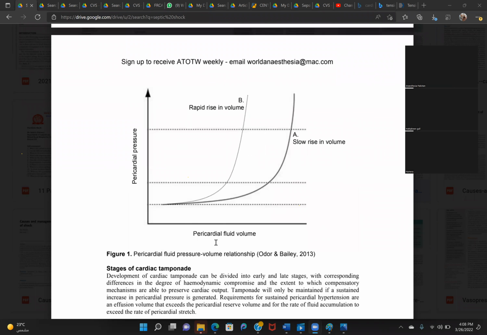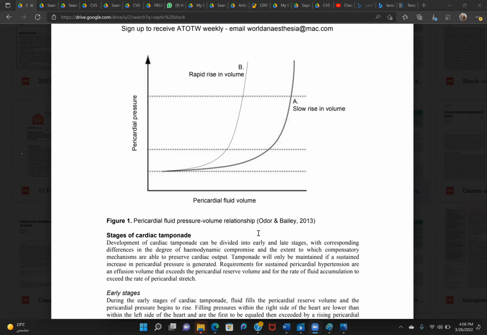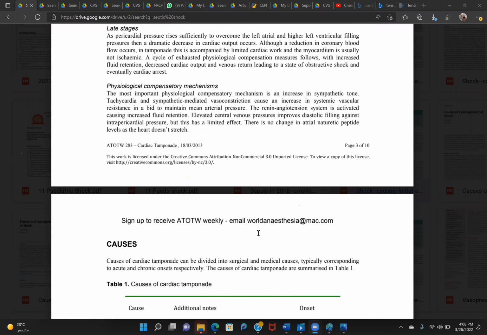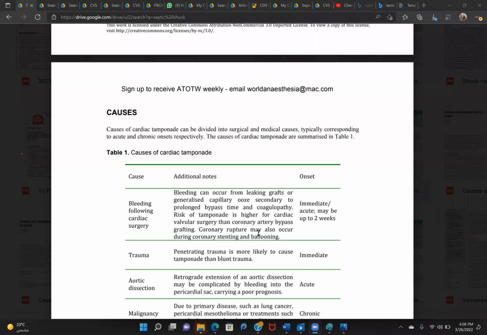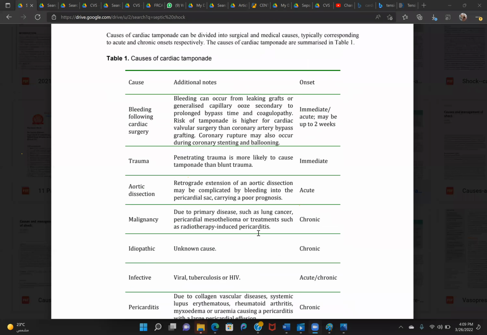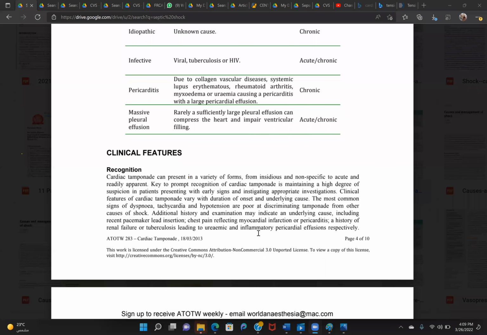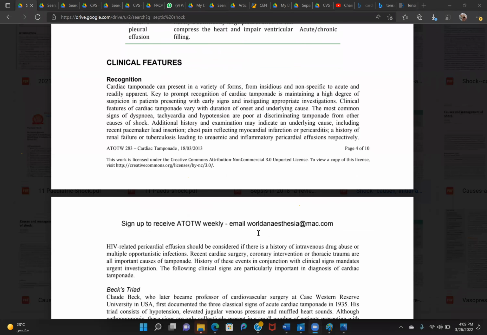Due to pericardial effusion there will be decreased contractility, so decreased cardiac output, leading to hypotension. There will be fluid around the heart, so heart sounds will be decreased, so we call them muffled heart sounds. And there will be decreased preload, decreased cardiac filling, so JVP will also be raised.